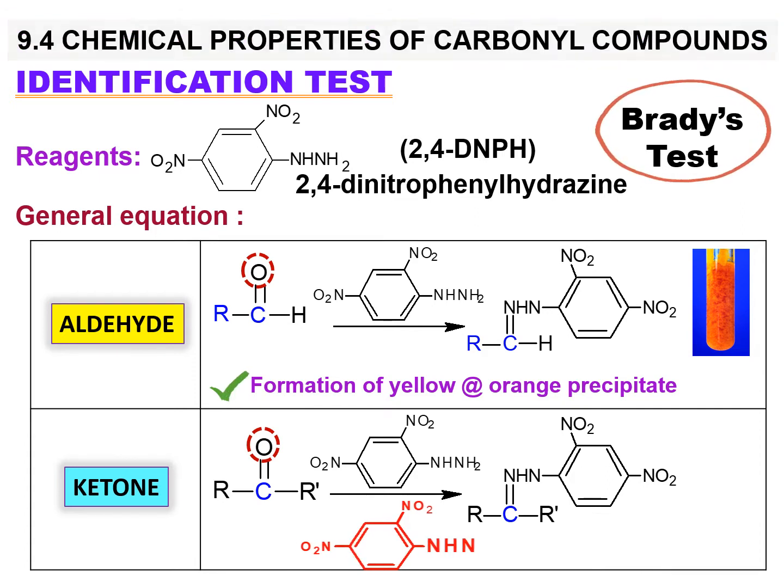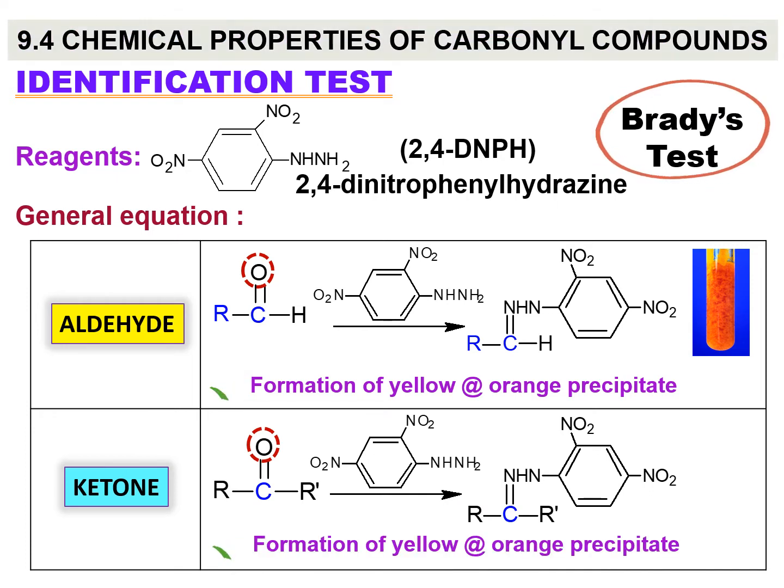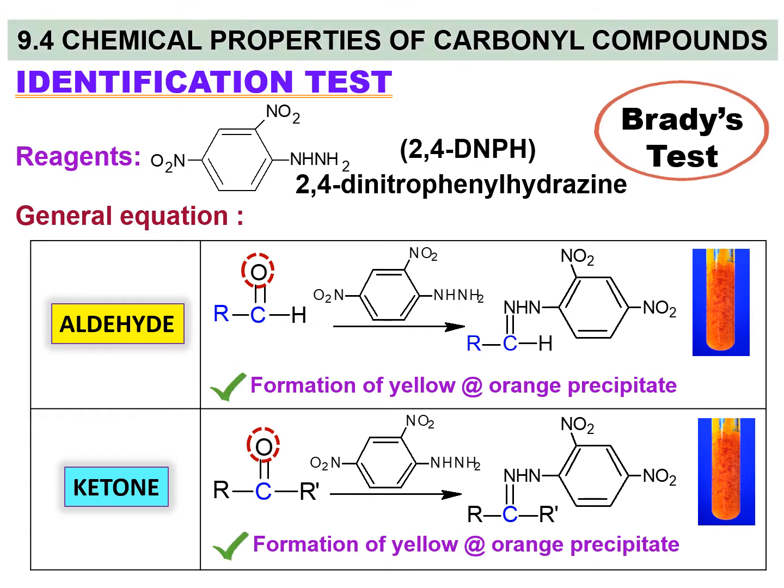The reaction on ketone will give the same observation, a formation of yellow or orange precipitate. Brady's test is a test that detects the presence of a carbonyl compound. It will give a positive result for all aldehydes and ketones.